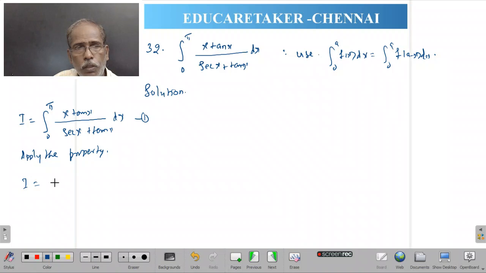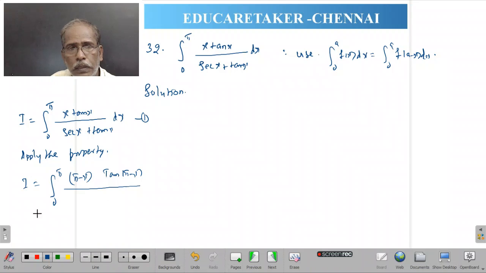I is equal to integral 0 to pi, where x is now pi minus x, and tan x is now tan of pi minus x. The denominator is secant of pi minus x plus tan of pi minus x dx.